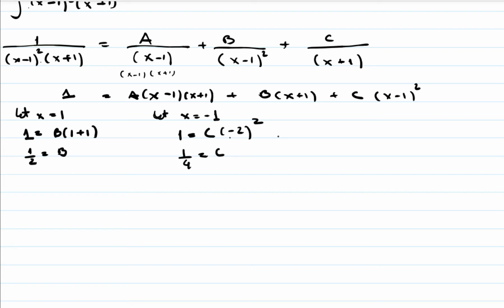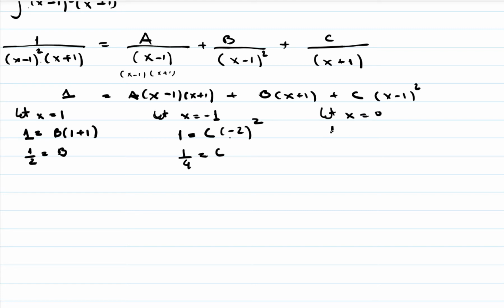Now we have to find the value of a. We have b and c. Now I'm going to choose another number. I'm choosing 0 because 0 is a very small number, so it's easy to calculate using 0. You can choose even 100, 1000, or whatever number you're going to choose, it's going to give you the same result. So let us say just here x is equal to 0.